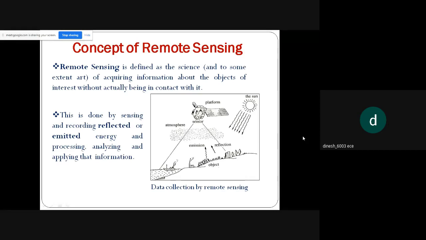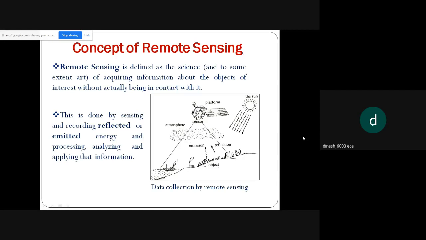It is done by a sensor or by a sensing method that records, by either the principle of reflection or emission of the electromagnetic energy, and we process them, analyze them, and apply that particular information.